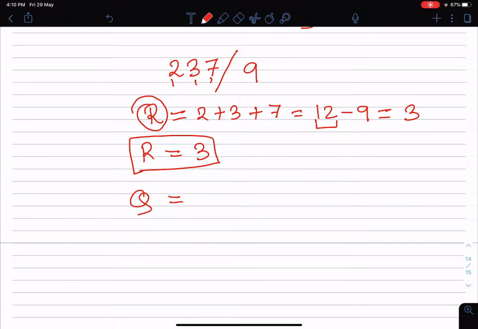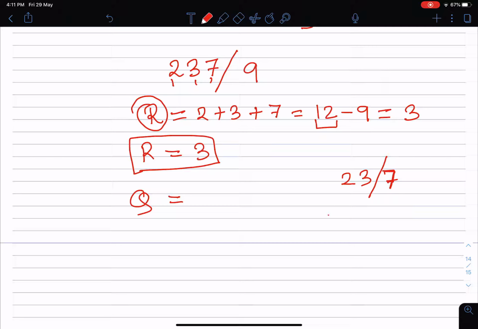Now for this, the formula is that we need to write 237, and we must make a slash like this, because we are going to separate my rightmost digit.